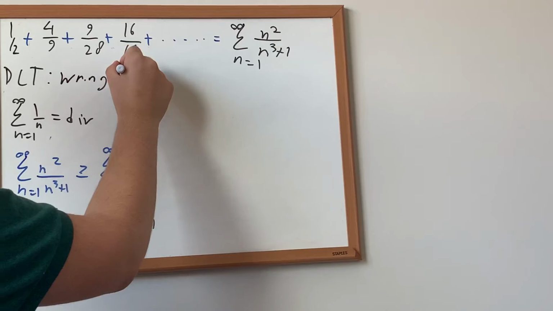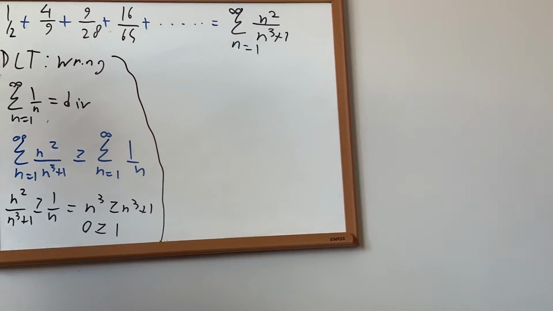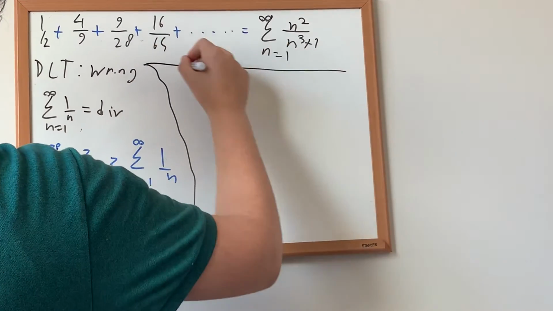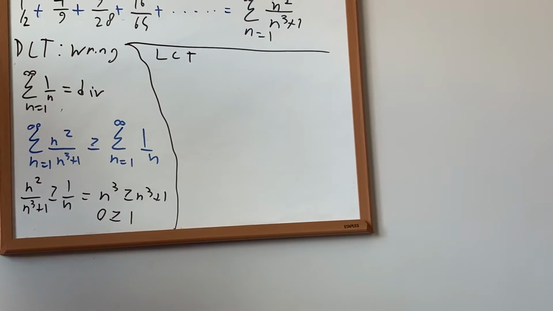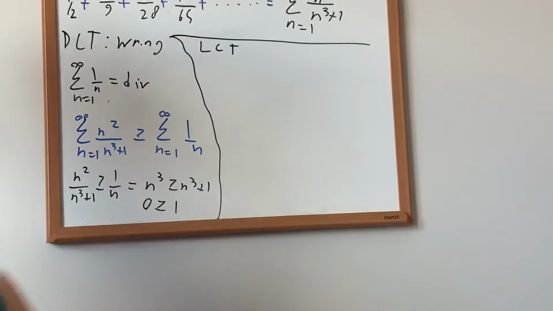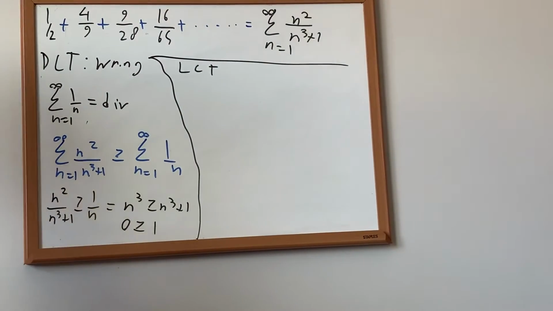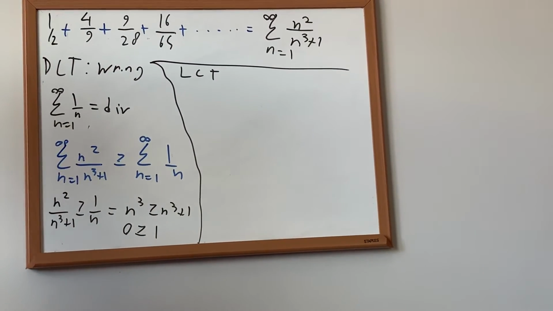So now our next step is to use the limit comparison test. We have one known series and then another series that we want to solve for whether it diverges or converges.